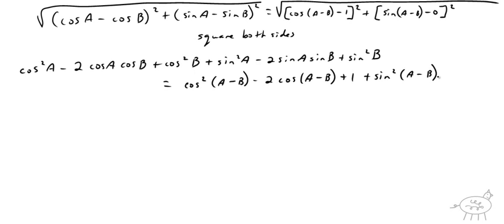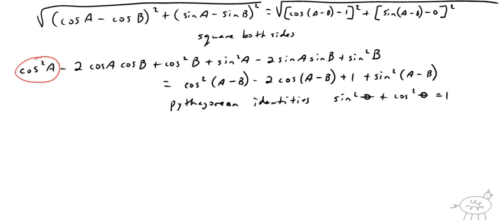So that looks really nasty, doesn't it? Like everyone wants to drop math right now, but it's really not that bad. What we're going to do is look for Pythagorean identities, which, of course, in this one, we're looking for sine squared of theta plus cosine squared of theta equals 1.